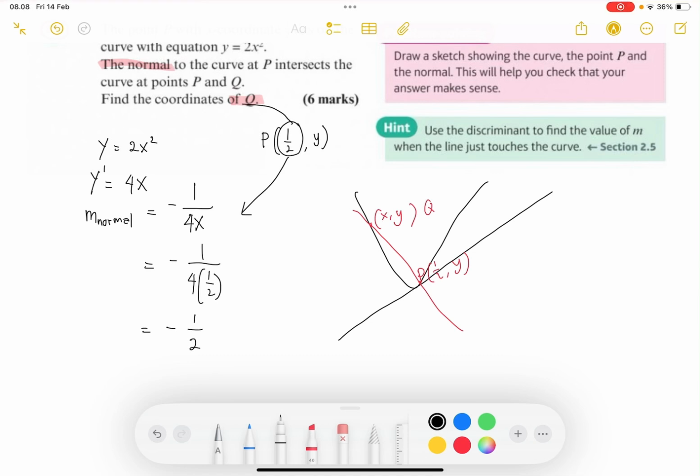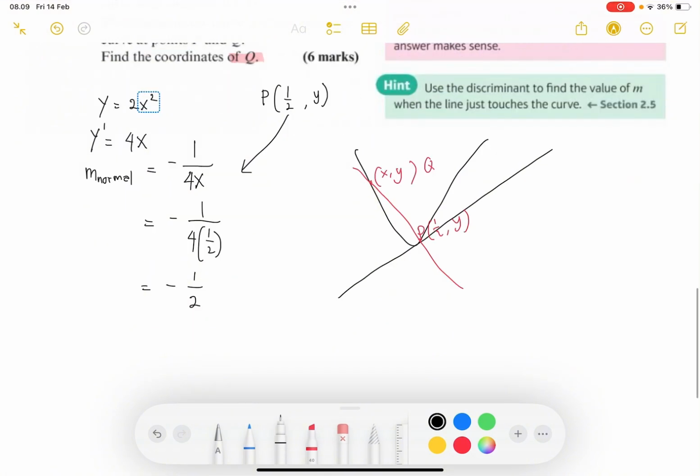It's very easy. We just need to substitute the x into the original function because we're going to find the y, right? It's going to be 2 times 1 over 2 squared. So y is going to be 1 over 2.